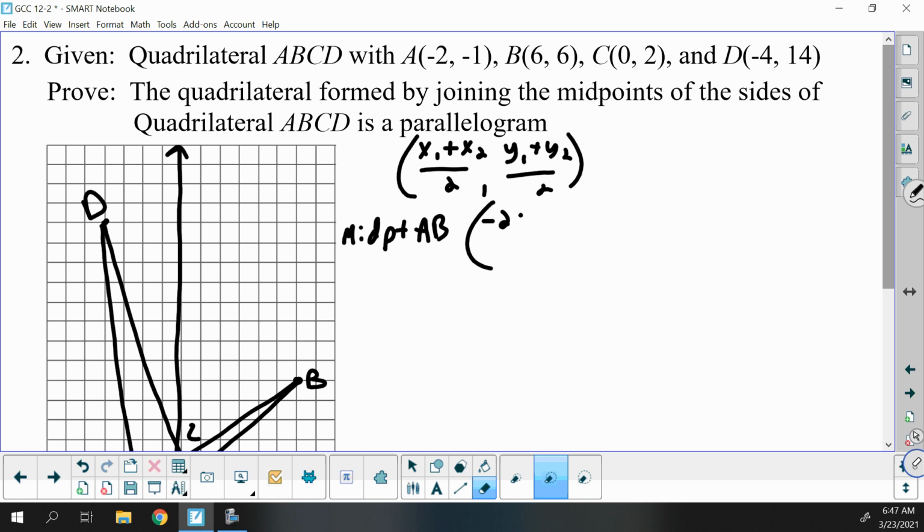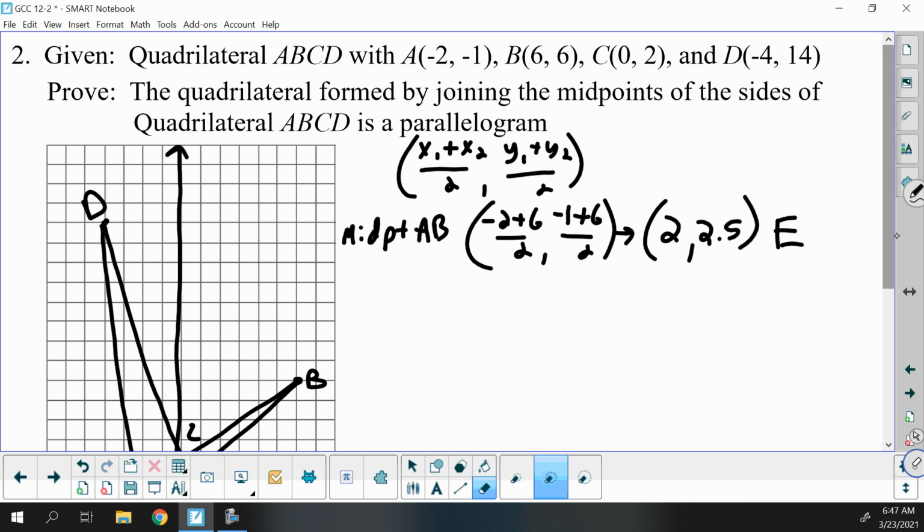So I have negative 2 plus 6 over 2, comma negative 1 plus 6 over 2. Negative 2 plus 6 is 4. 4 divided by 2 is 2. Negative 1 plus 6 is 5. 5 divided by 2 is 2.5. Let's call that point E. And we'll plot all these midpoints in a second.